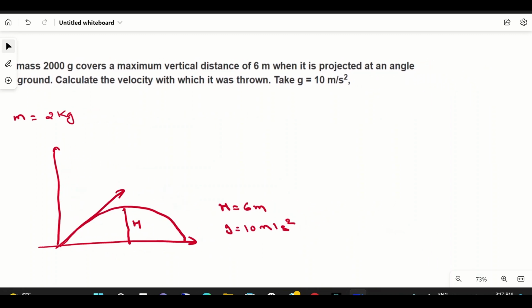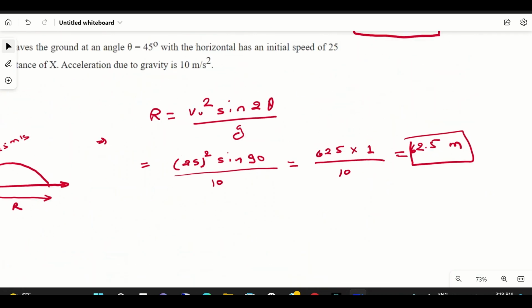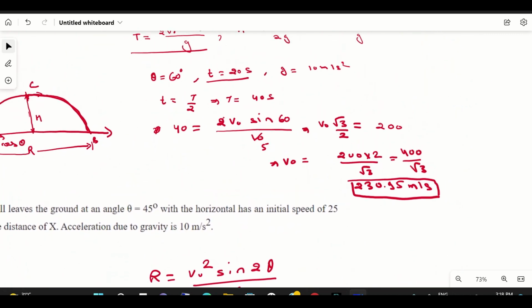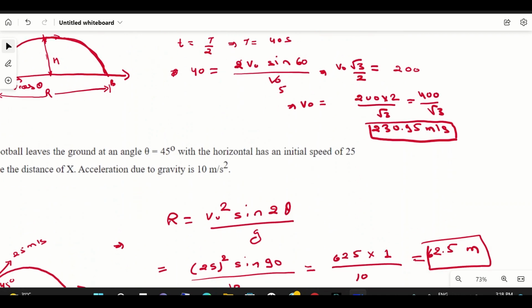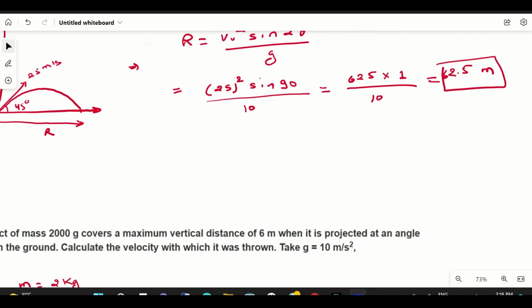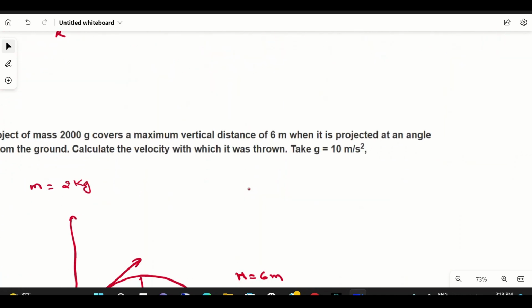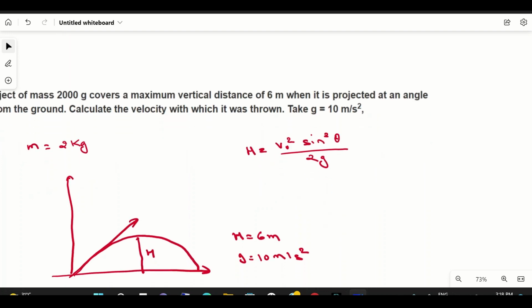So again you can write the formula of h. Maximum height formula is V naught square sin square theta upon 2G. H is equal to V naught square sin square theta upon 2G. We can write the values here. V naught we have to find.